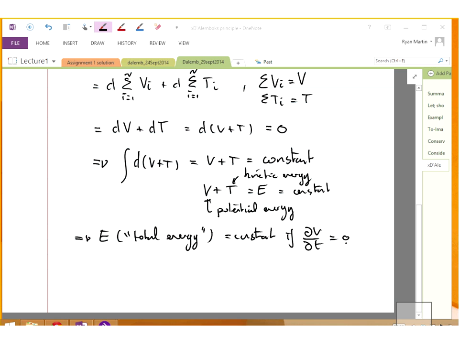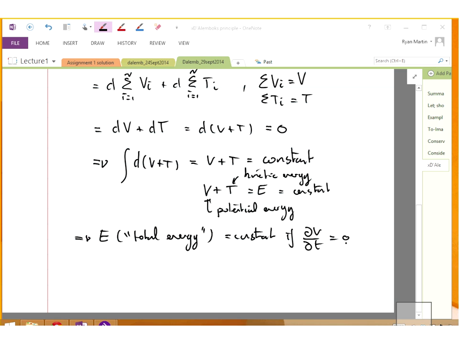You might have seen this in past classes or heard about it, that conservation of energy is associated with the laws of physics not changing with time. We'll go into that in a couple of chapters more deeply, but you can already see here that we have this connection between something changing with time or not changing with time, implying that energy is conserved.